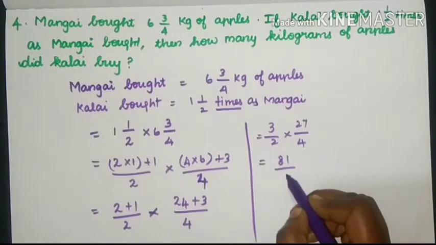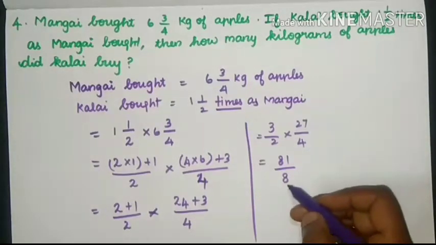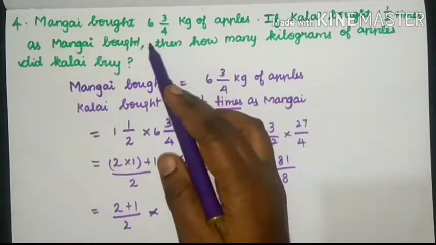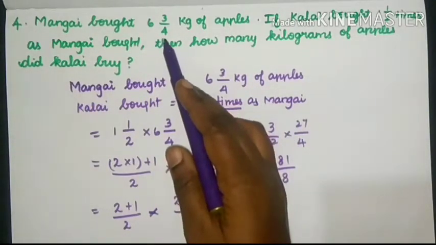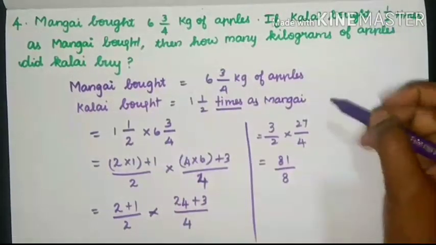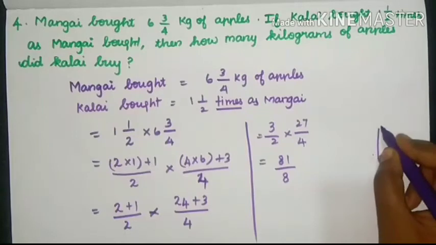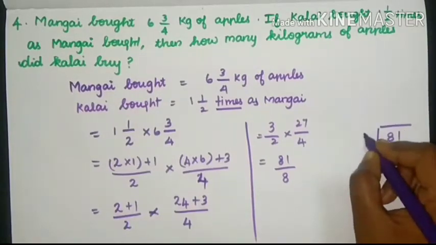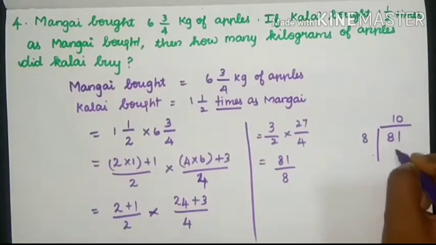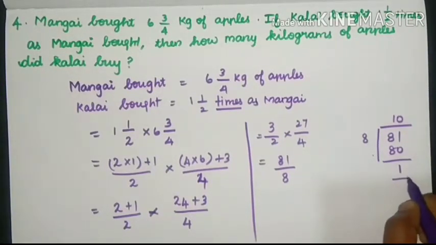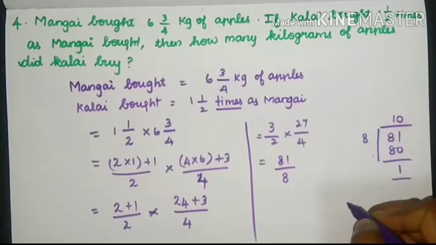81 by 8. You have to change this improper fraction into a mixed fraction, because the given question is in the form of a mixed fraction. 8 tens are 80, remainder 1. You have to write this remainder in which place?